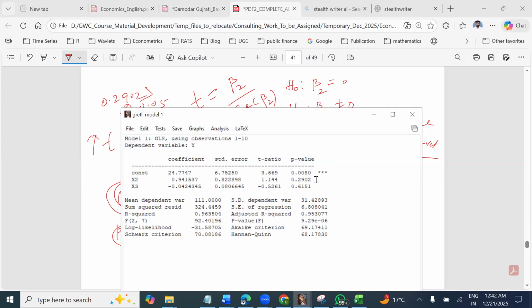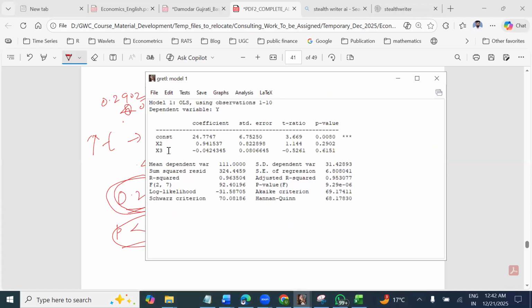Okay, fine. Not a problem. Now you have understood the regression. Now I'll ask whether X3 is statistically significant, Chinmay?